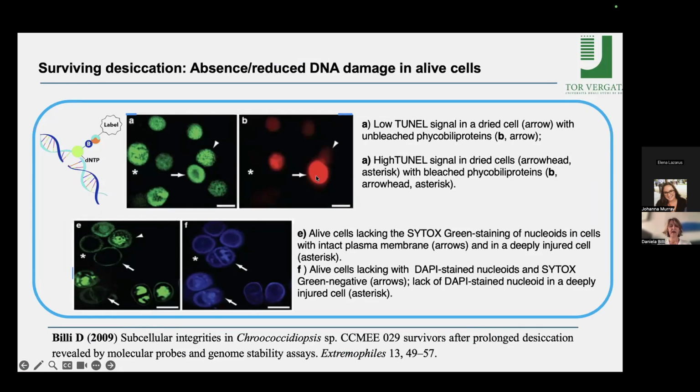And survival is also related to the permanence of photosynthetic pigments, whereas those cells with a lot of dot signal highlighting DNA fragmentation don't have photosynthetic pigments anymore. So there is really this selection.